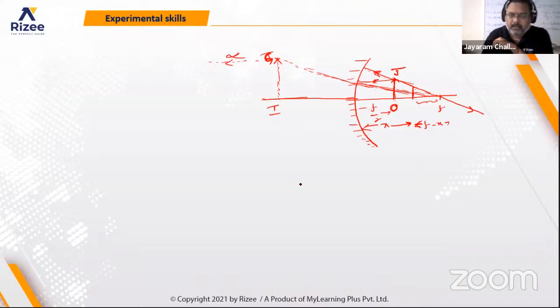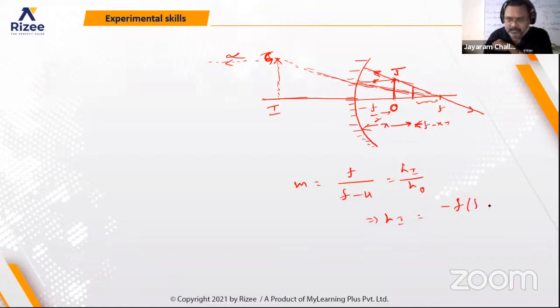And we know the magnification formula m is equal to f by f minus u, which can be written as height of the image by height of the object. So from this, height of the image can be written as minus f into f minus x by minus f plus x, or you will be getting the height of the image to be equal to the focus.